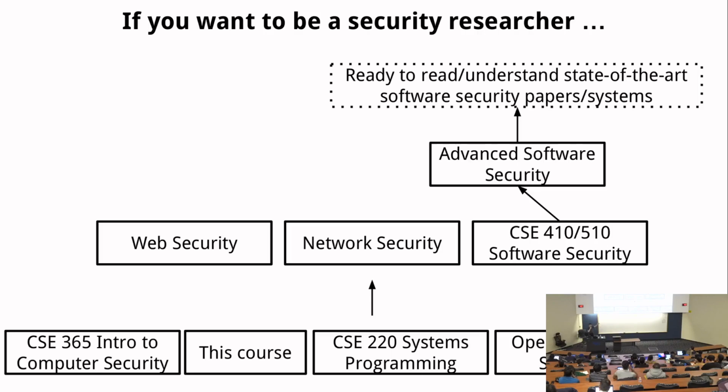Then there are other, I would say, very important courses for you to understand security, like 220, system programming, operating systems, compiler. Those courses are critical if you really want to understand security, understand how systems work.